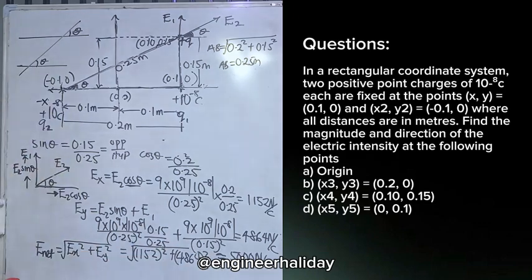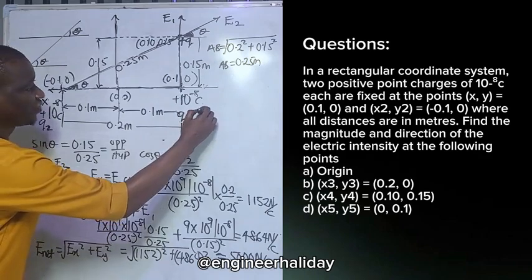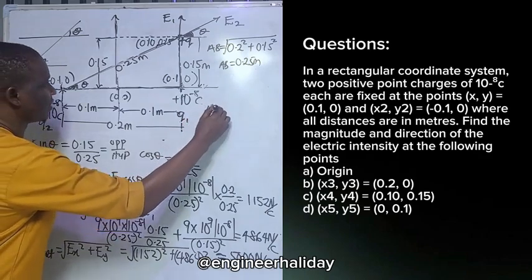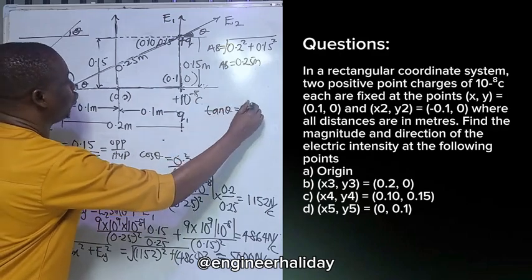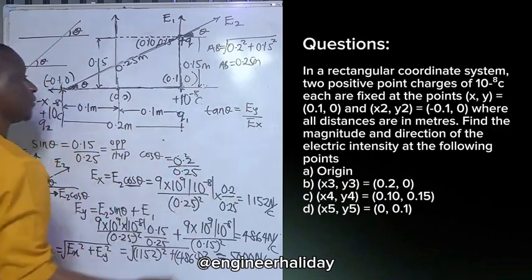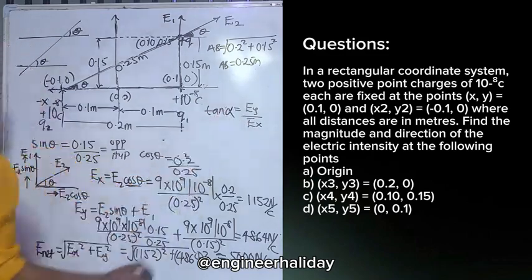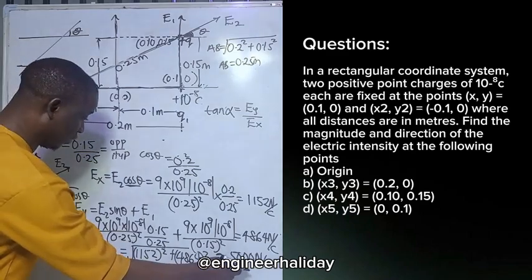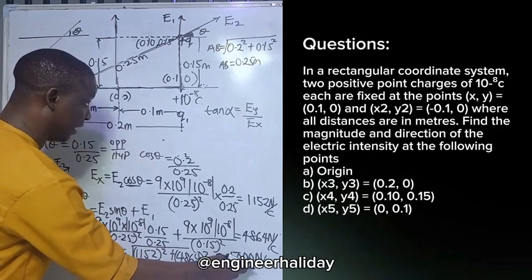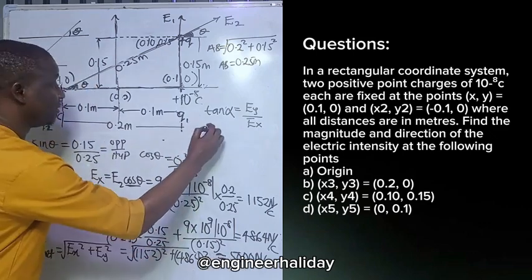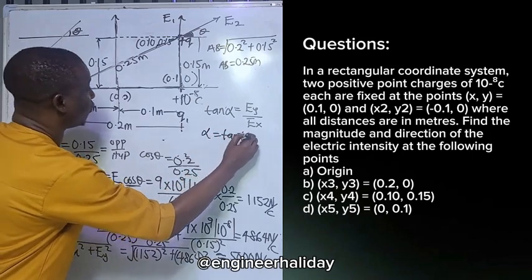Okay, let's find the direction. Direction is tan theta equal to EY over EX. Let's use alpha, since you have already been using theta. Alpha is the direction of the resultant electric intensity, while this is the magnitude. So alpha becomes tan inverse of what?